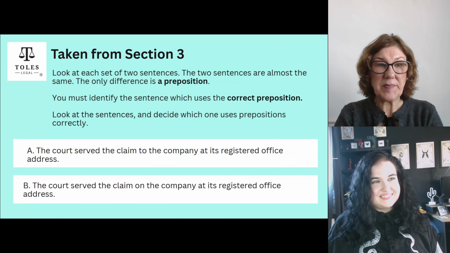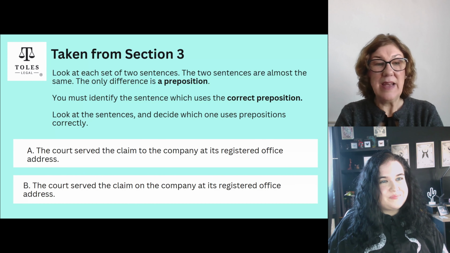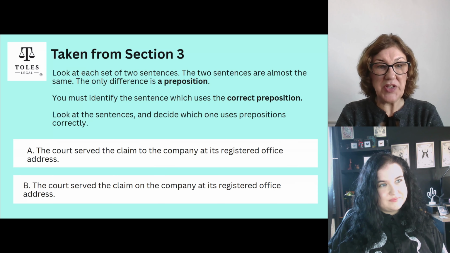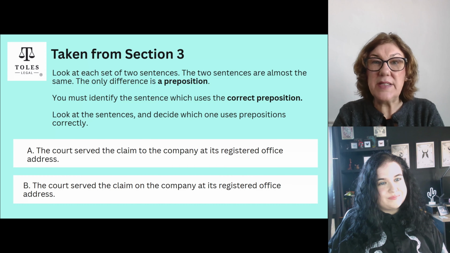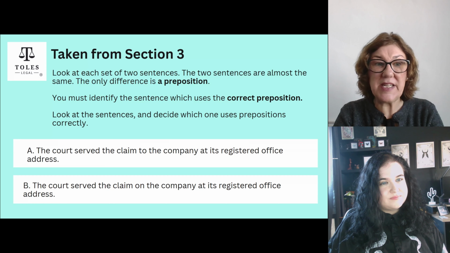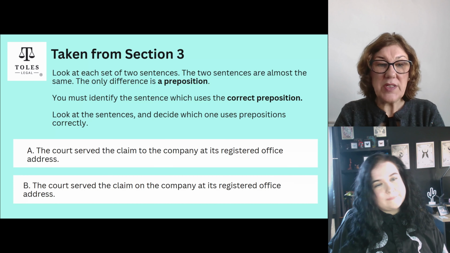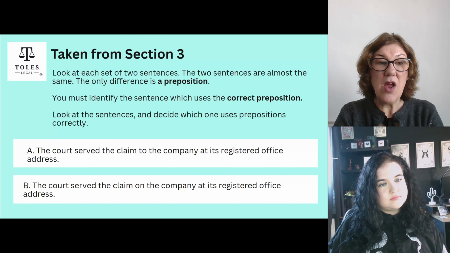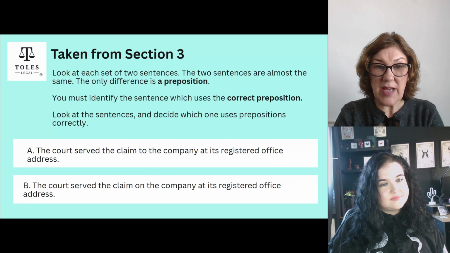Let's go again, from section 3 of foundation level. Which sentence uses the correct preposition? The court served the claim to the company at its registered office address. The court served the claim on the company at its registered office address.